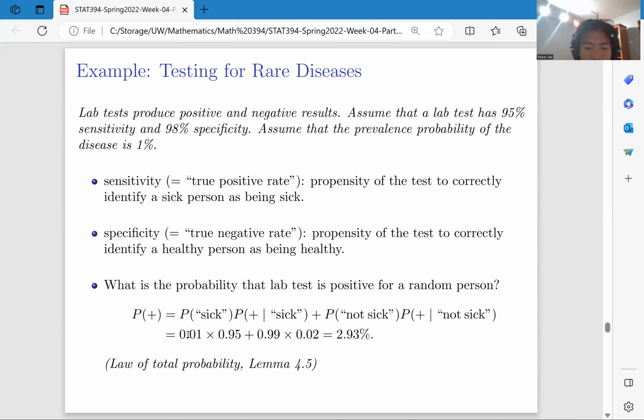And this is equal to 0.01, the probability of being sick, times 0.95, the probability that a sick person is identified as positive, plus 0.99, the probability of not being sick, times 0.02, and this is equal to 2.93%.